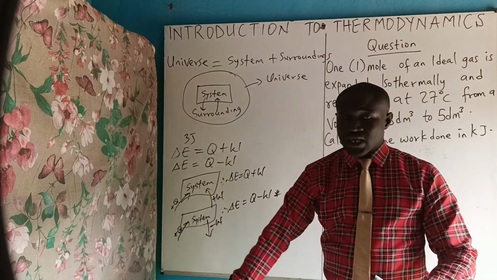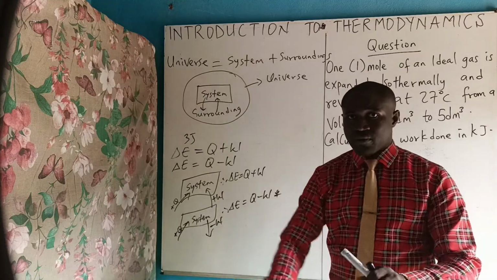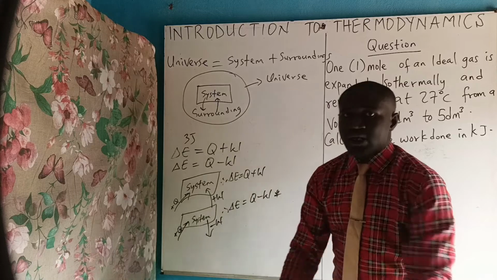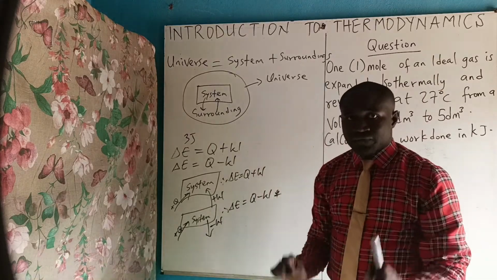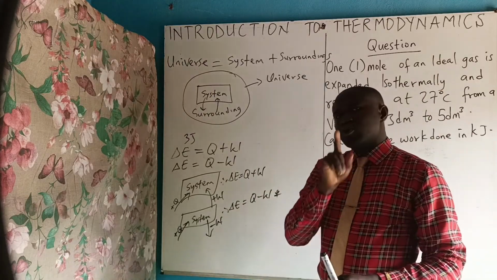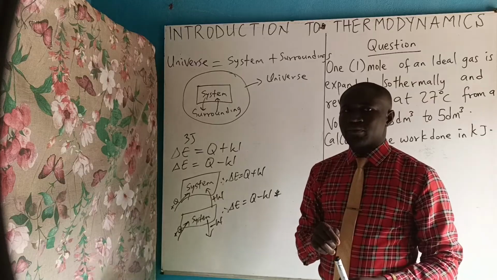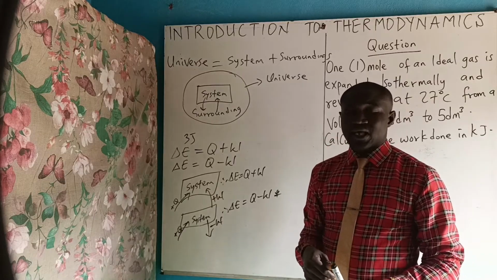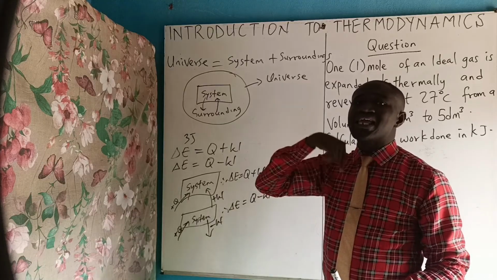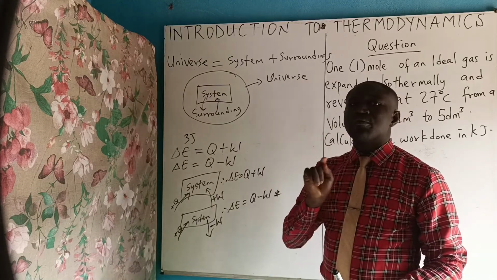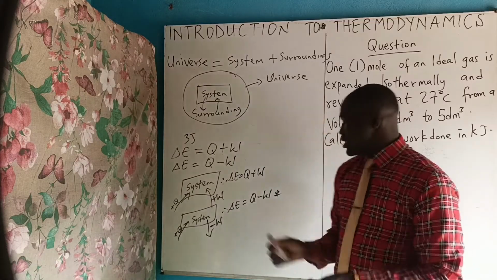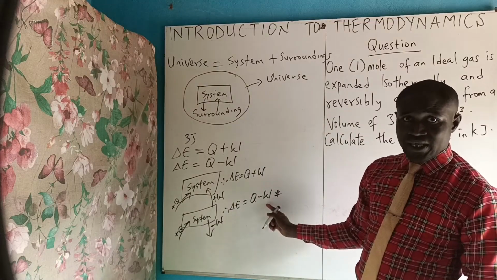The surrounding is the weight and its environment. So it's lifting it up, dropping it, lifting it up, dropping it. At a point in time, you will see the person sweating profusely. It's sweating because the internal energy of that system is reducing, because it's losing energy in terms of work performed on the surrounding.